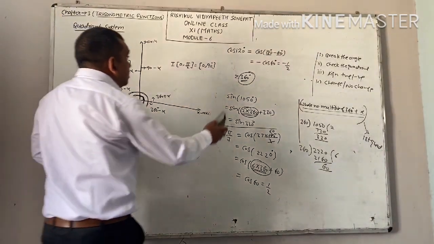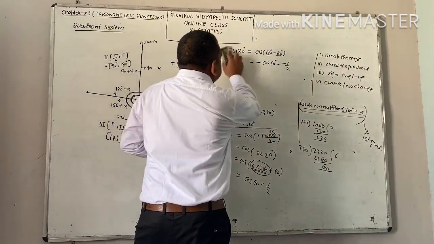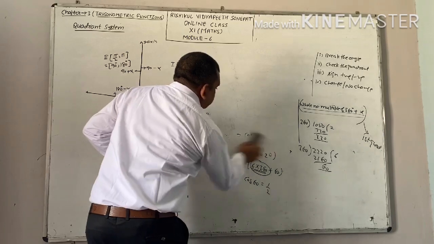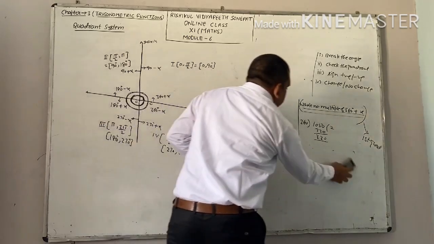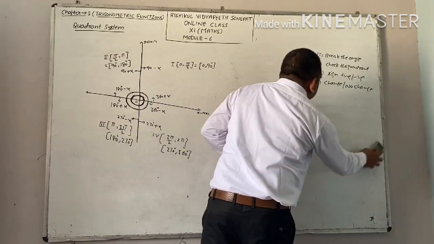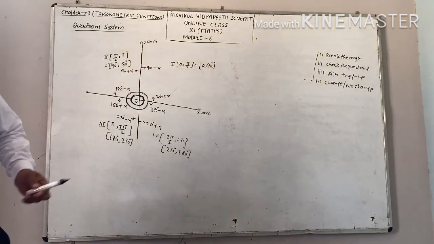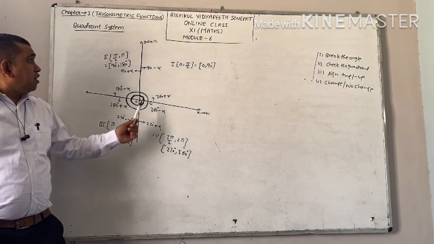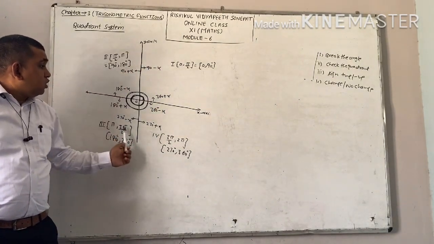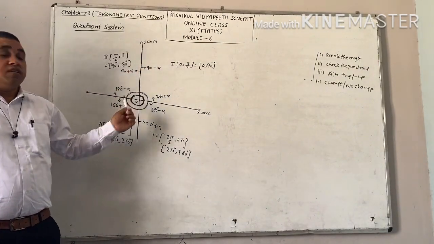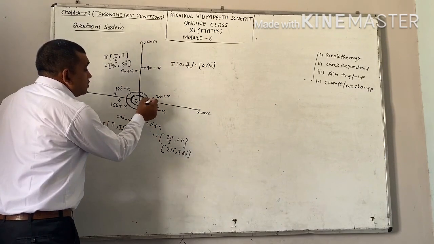Now, see one more thing. In this quadrant system, you can observe all the values are positive. Why are these values positive?